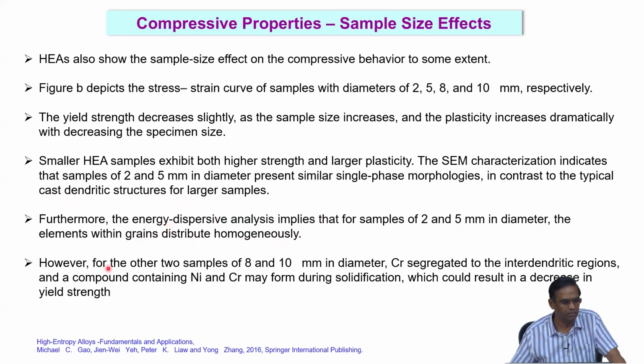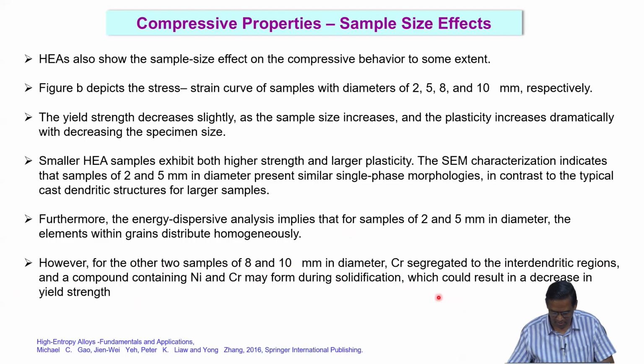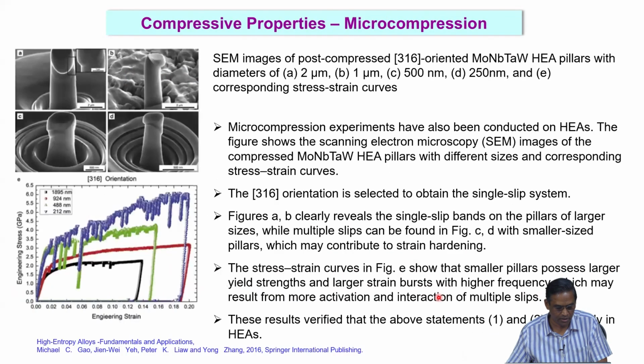This is another important idea. On the other hand, in the two samples with 8 and 10 mm in diameter, chromium segregated to the interdendritic region, and a compound containing nickel and chromium may form during solidification, which could result in a decrease in the yield strength. So, size effect is also very important in the compression properties of high entropy alloy systems.